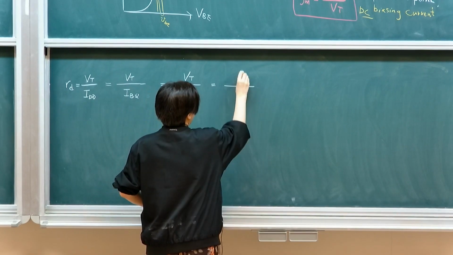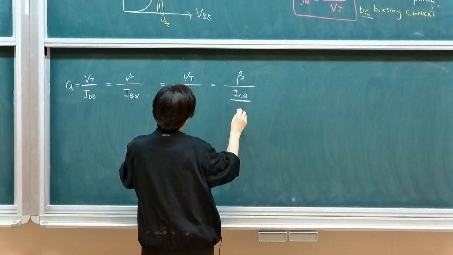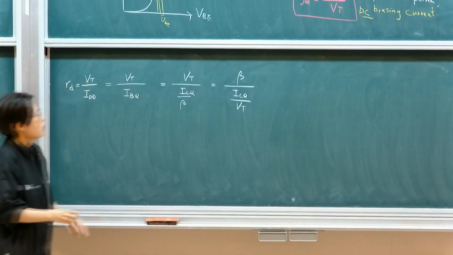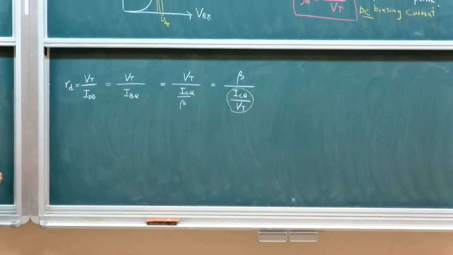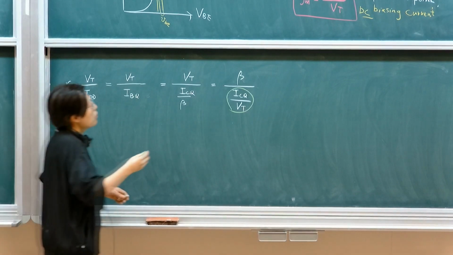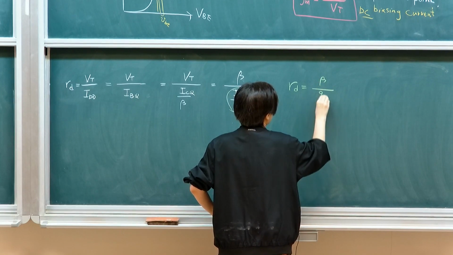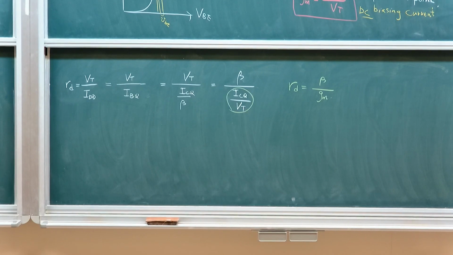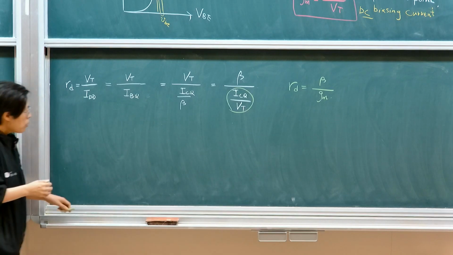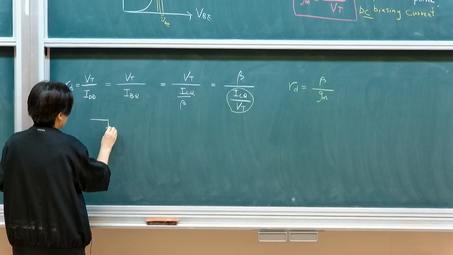If I'm putting beta on top, this will be beta times VT over ICQ. Okay? This is the same, right? So what is this? Correct. So your RD will then become beta over GM. The reason why we're using this is that it will make your life easier because you start with ICQ, getting GM, and then you can get all the parameters. So the final model will be somewhat refined in its notation.